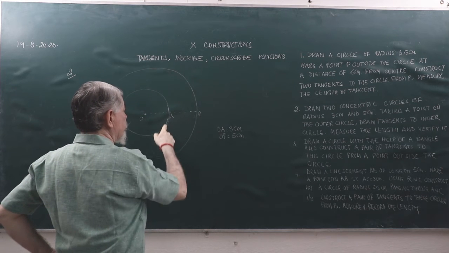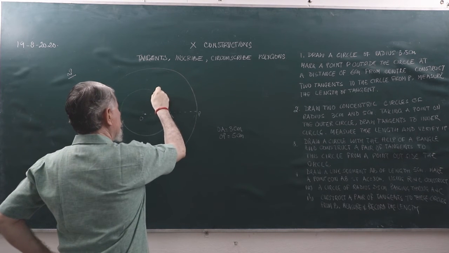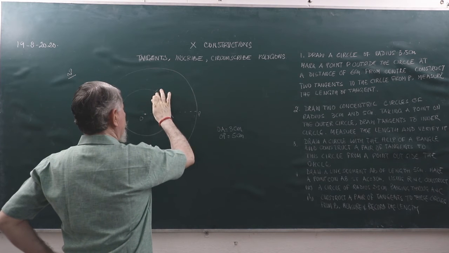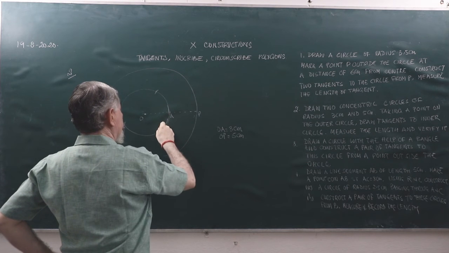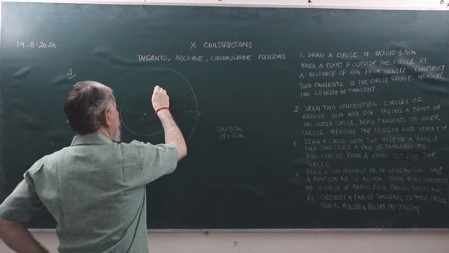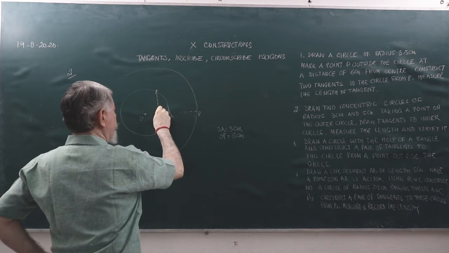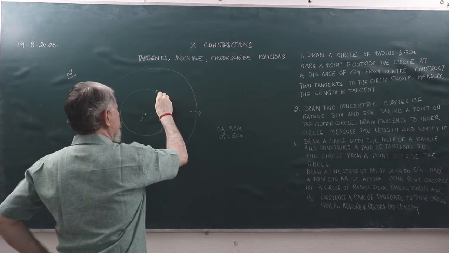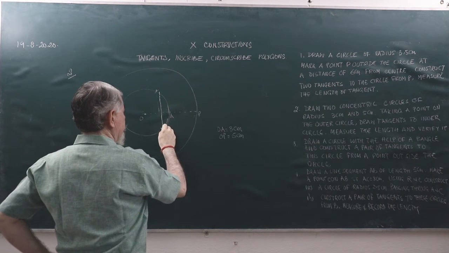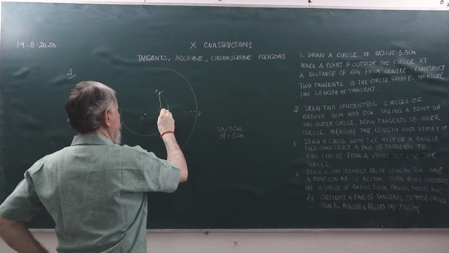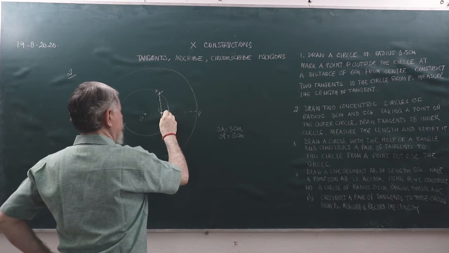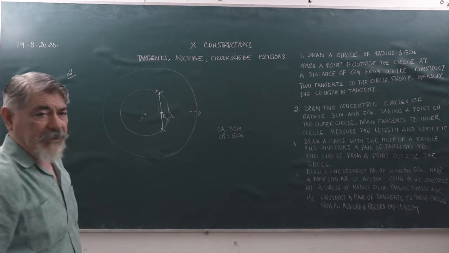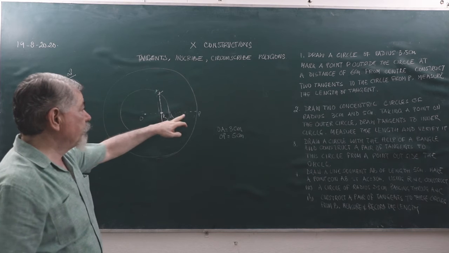Already this arc is drawn. Take P as center and draw an arc at the same distance of 3 centimeter and join. The purpose is to perpendicular bisect OP. It will come somewhere here. Suppose this is K, the midpoint of OP.